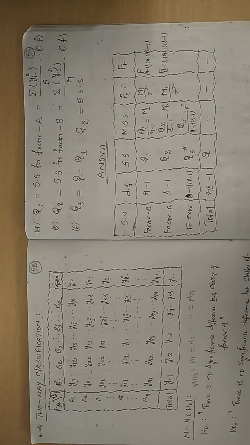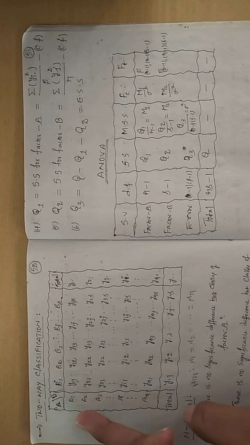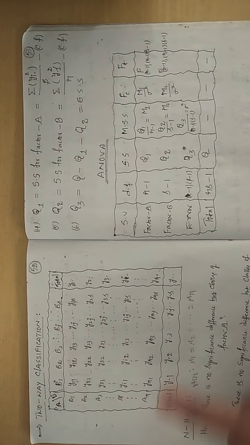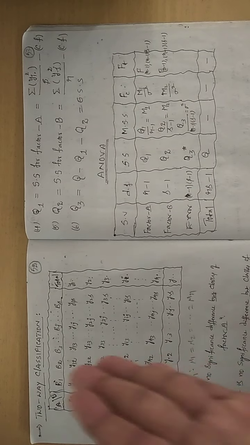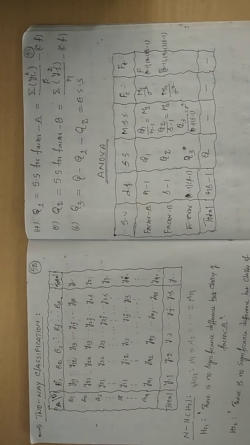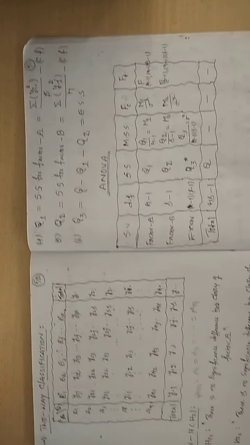If you change these notations, the entire formula is going to change. That's why in the given problem also, especially in the two-way classification, whatever information is there in the horizontal way, that you need to consider as A's. Whatever information is there in terms of columns, that you need to strictly assume as B's. Otherwise the formula will change.